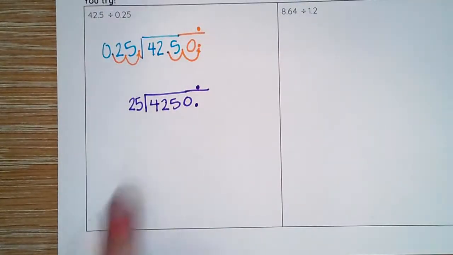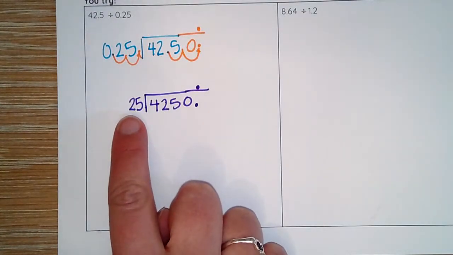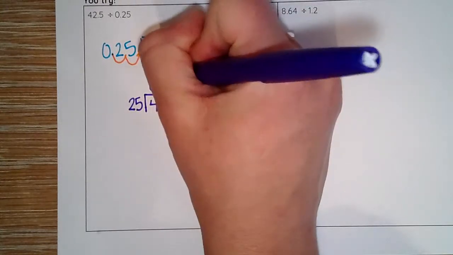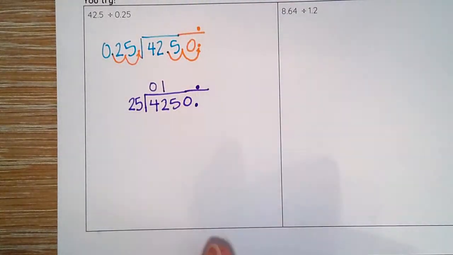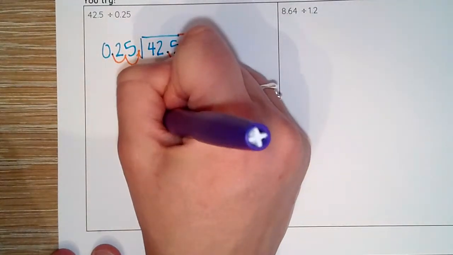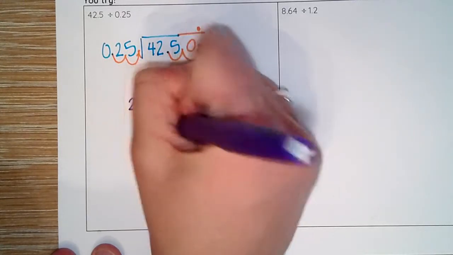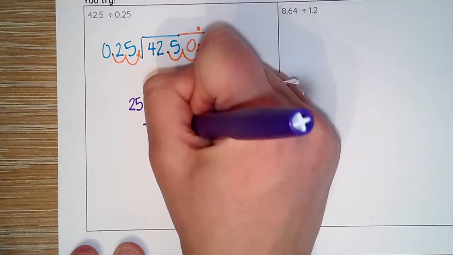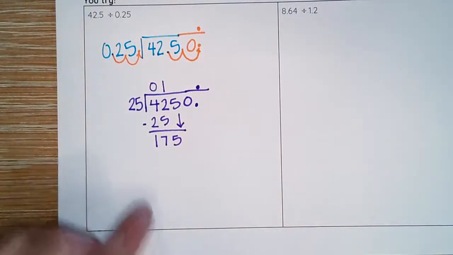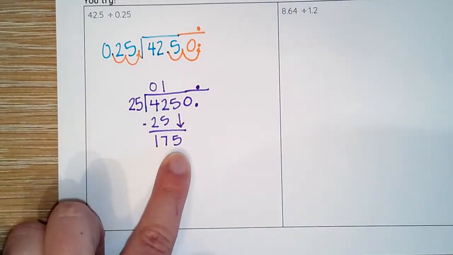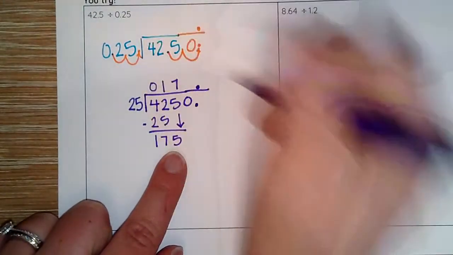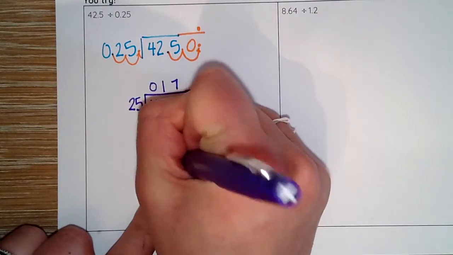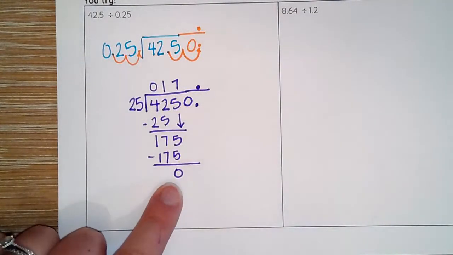Okay, so 25 goes into 4 0 times. It goes into 42 1 time. 25 times 1 is 25. 42 minus 25 is 17. Bring down my 5. 25 goes into 175 7 times. 25 times 7 is 175. I subtract and I have 0.